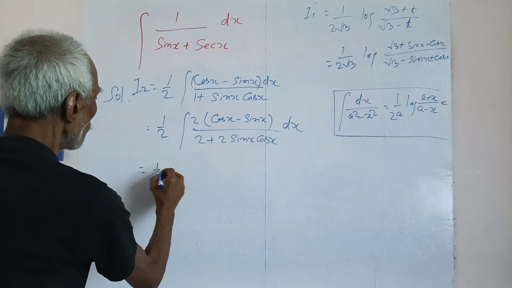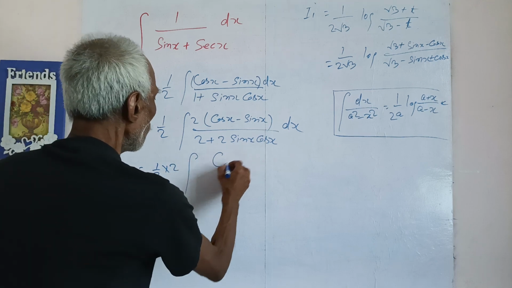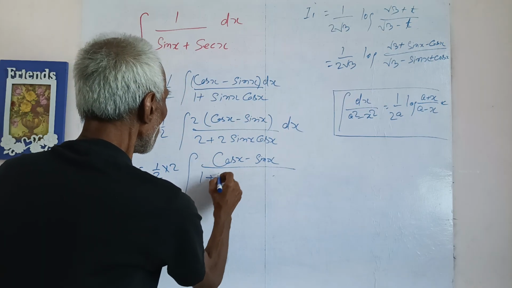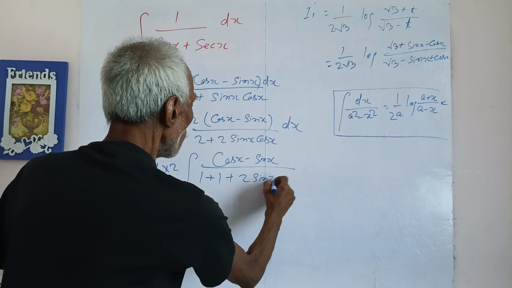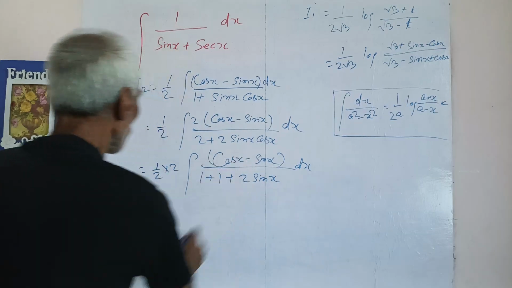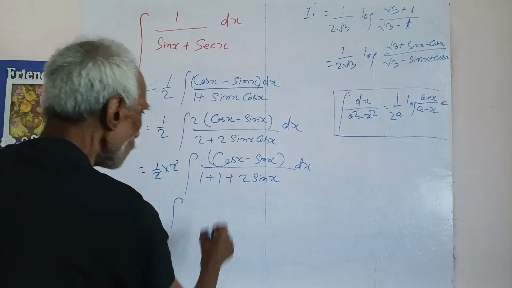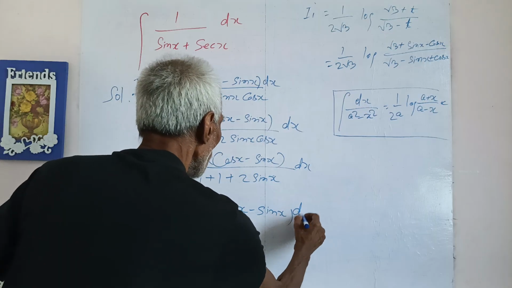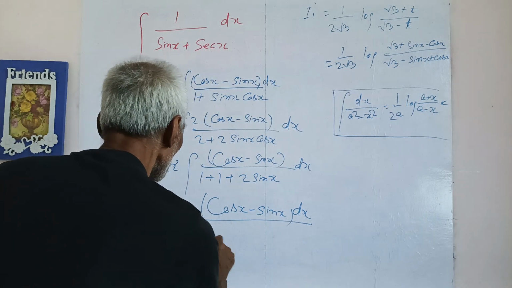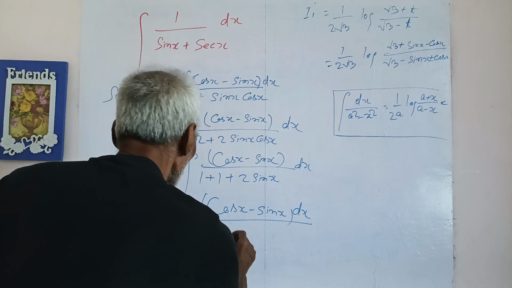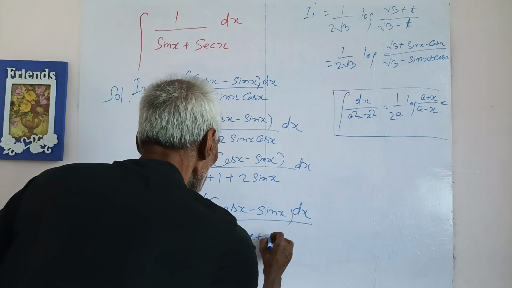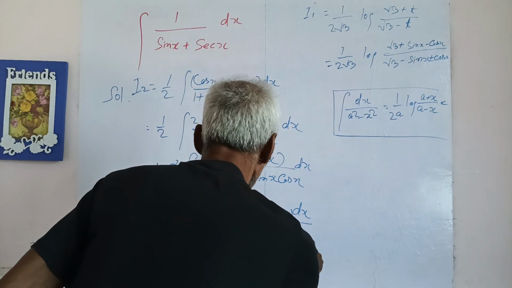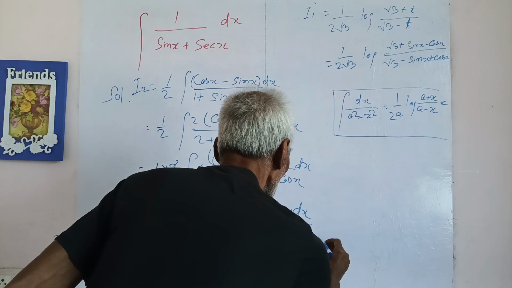Now write 1 by 2 into 2, now write cos x minus sin x dx by 1 plus sin square x plus cos square x plus 2 sin x into cos x.